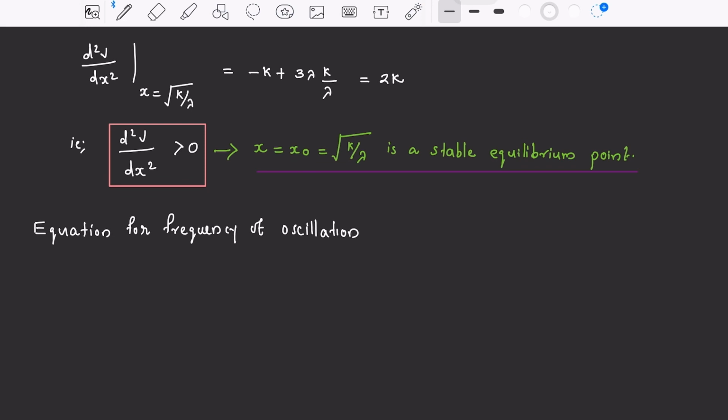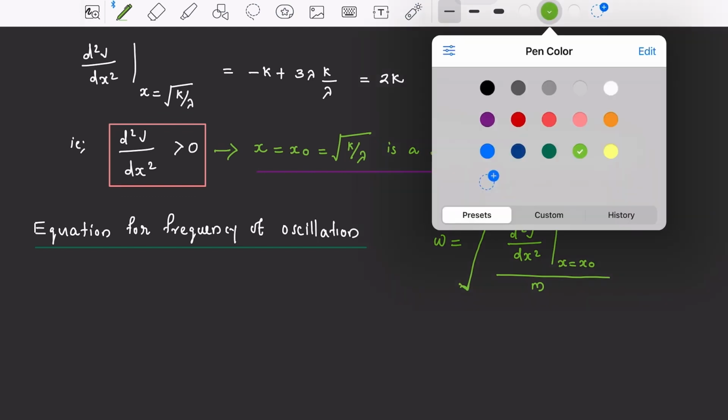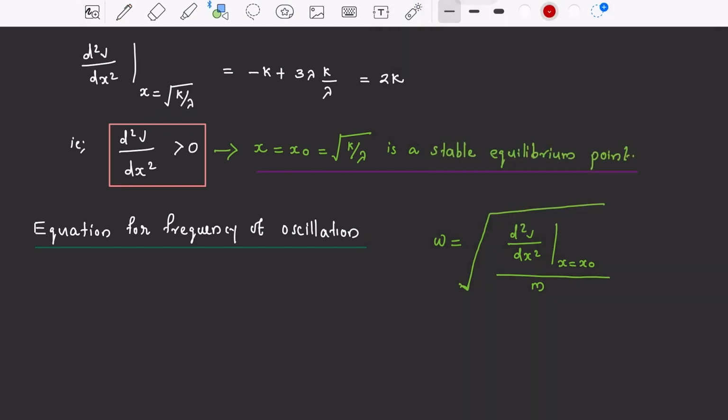So what is the equation for frequency of oscillation? Here we use the relation omega is equal to square root of d square V by dx square at x is equal to x naught, the stable equilibrium point, divided by m.